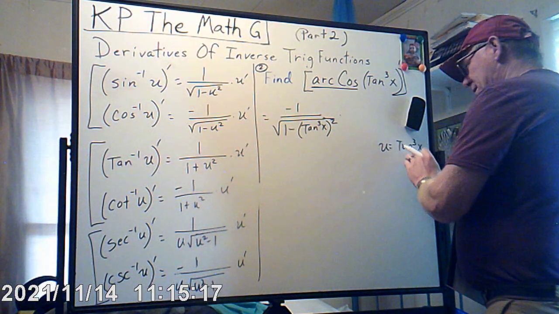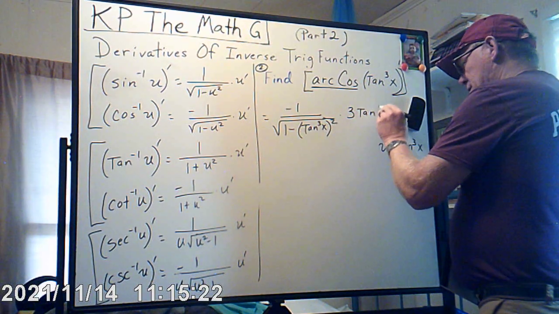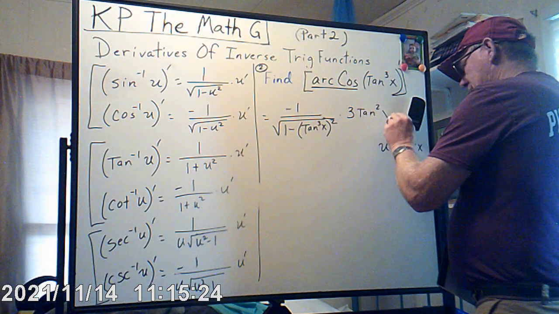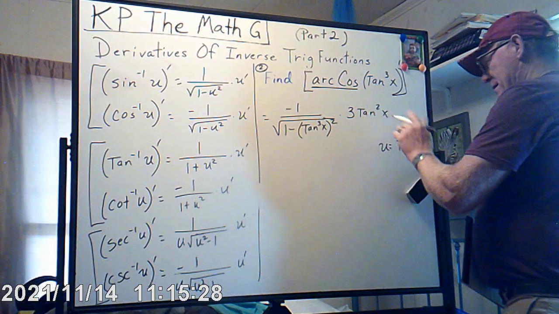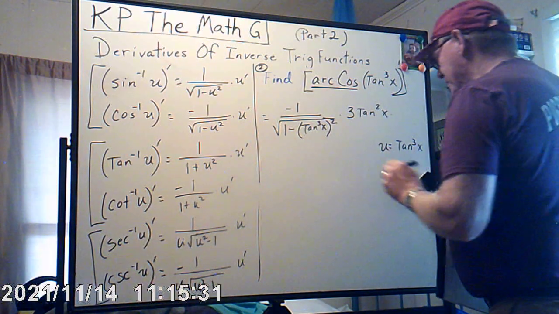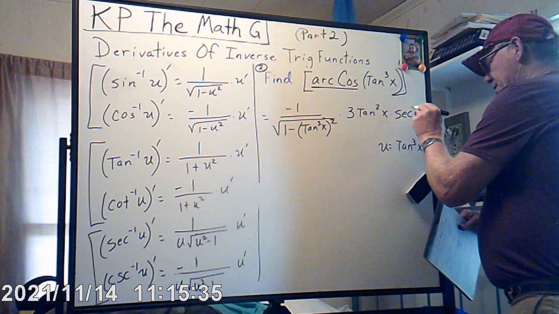Alright, so we're going to take this derivative, so 3 tangent squared x. Remember, we reduced the exponent by 1. Now we need to take the derivative of tangent, which is secant squared x.